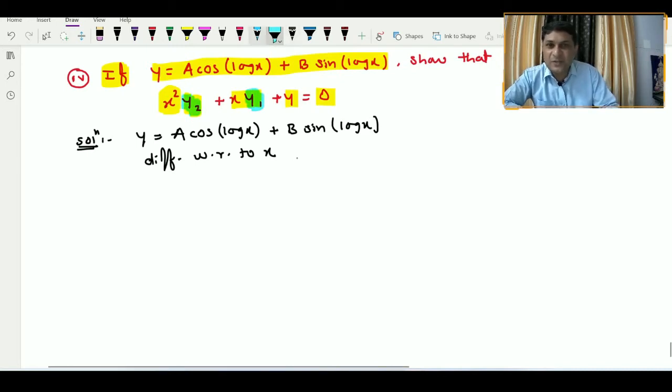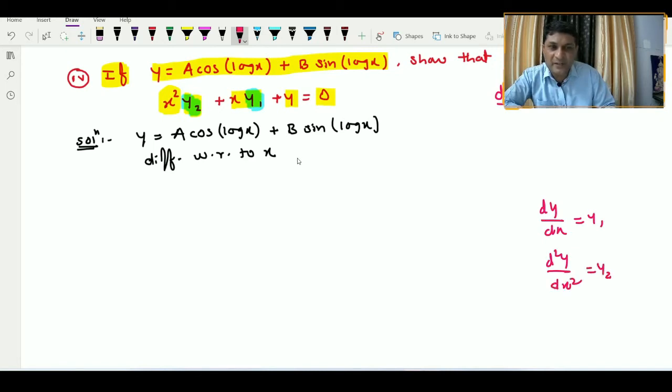Here we know that the first order derivative, dy upon dx, is denoted by y1, and the second order derivative, that is d2y upon dx square, is denoted by what? y2. So we are differentiating it with respect to x. The derivative of y I am denoting by y1, because in our result derivatives are denoted by y1 and y2. On this side a is a constant term.